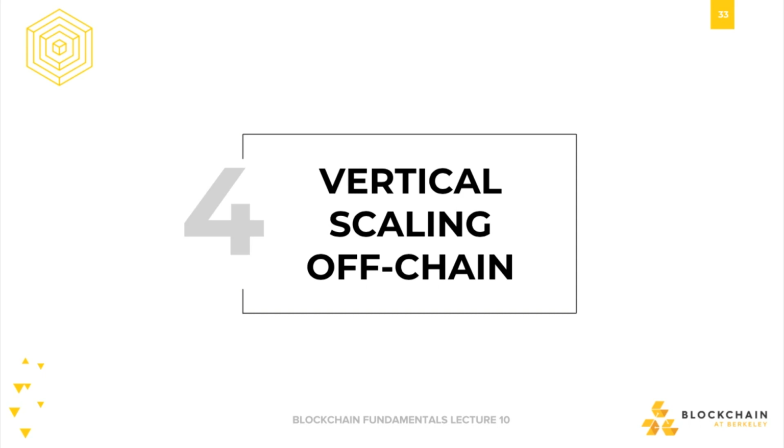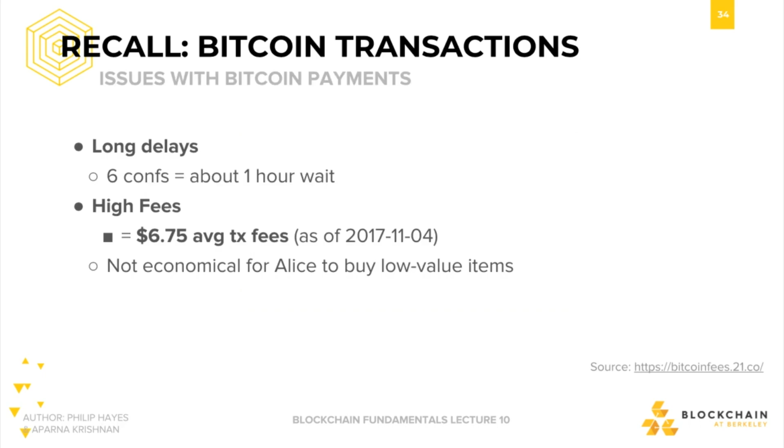Okay, we're on time. So if you recall, one issue with Bitcoin is you have to wait a really long time. If you go to a coffee shop and you want a cup of coffee, you are going to have to wait 6 confirmations if you want to be truly safe. And at that point, you're only going to get cold coffee. High fees is also another issue.